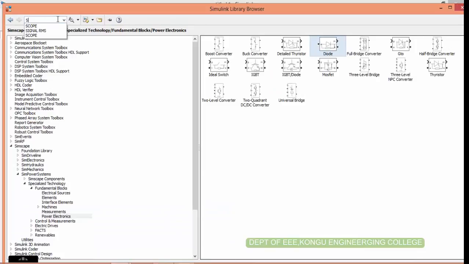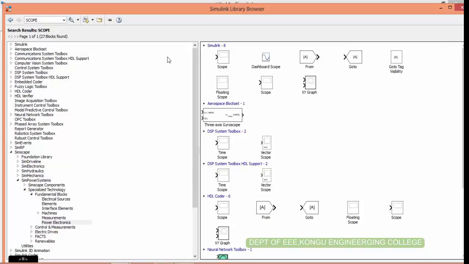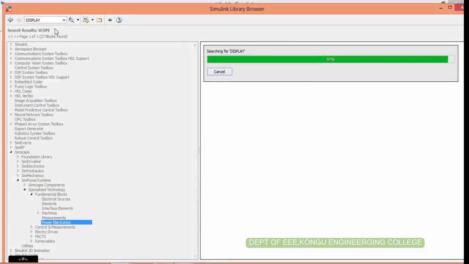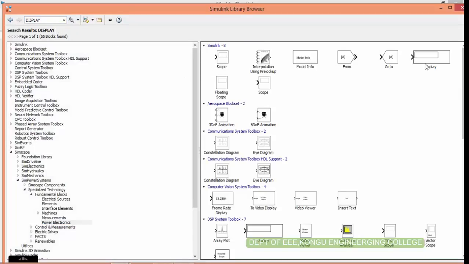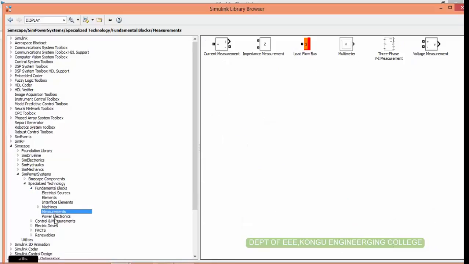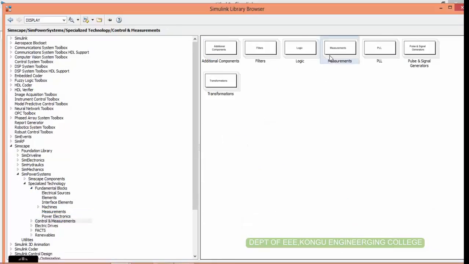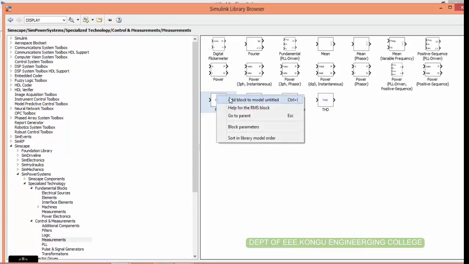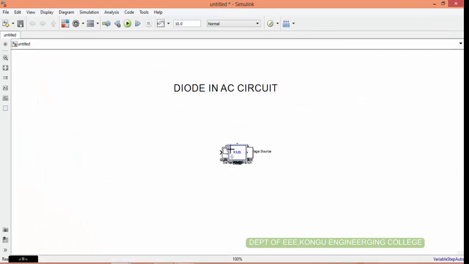Then we need a scope, and current measurement.